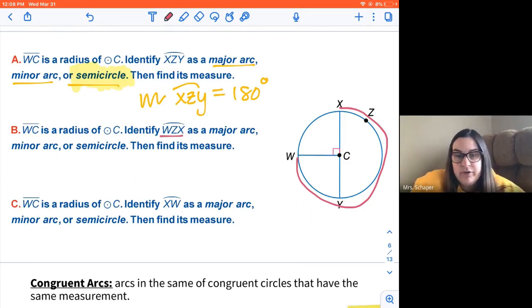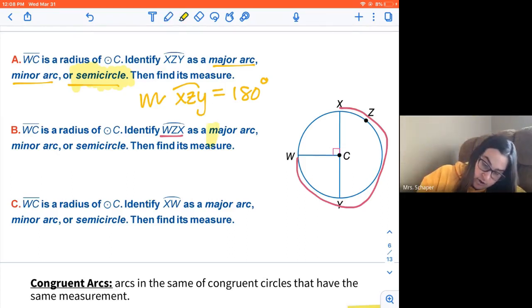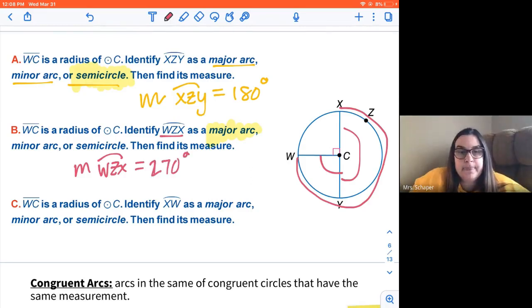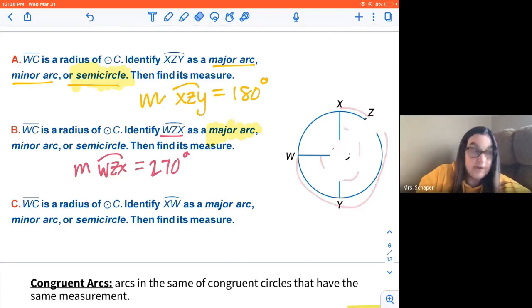So W through Z to X is going to be considered a major arc. When I look at this, I've got a 90-degree angle and a 180-degree angle. So the measurement of arc WZX is equal to 270 degrees.